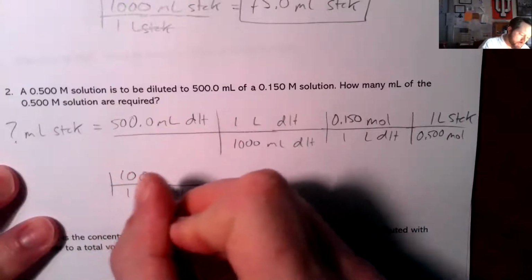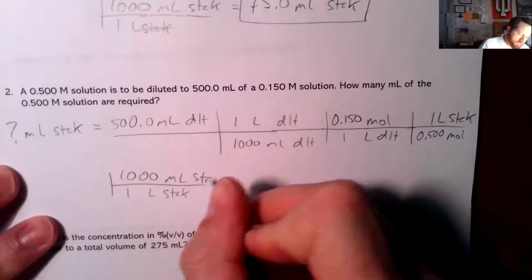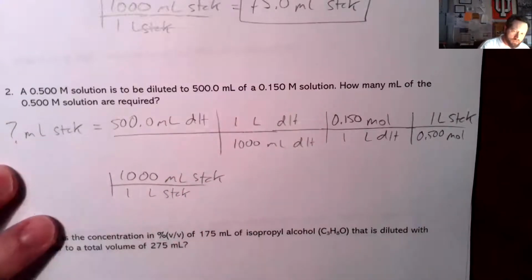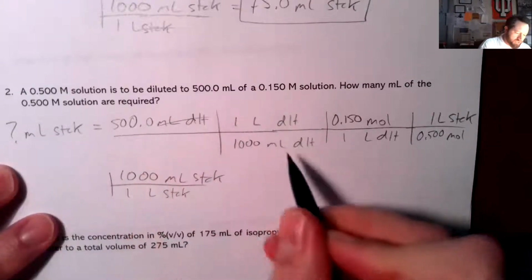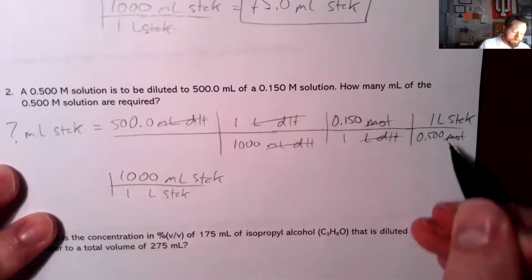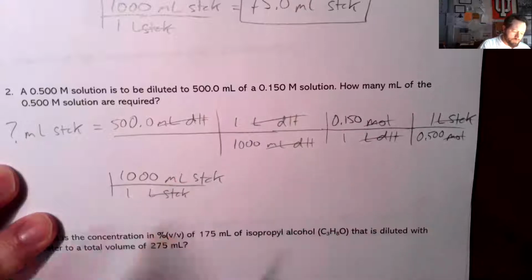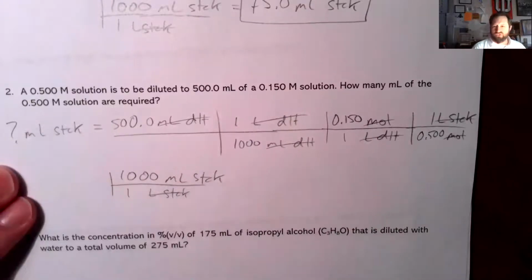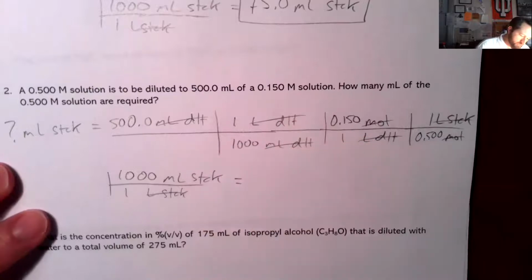I would like milliliters of stock, like the question states here. And if you like crossing out your units, there's nothing left but milliliters of stock, which is exactly what I want. So let's compute.